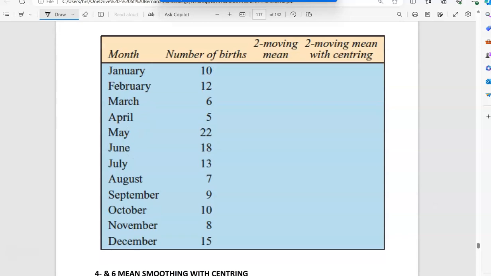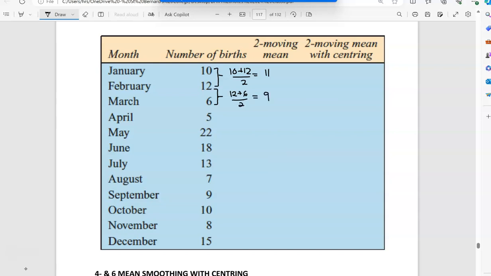We've got a table of a whole set of data. Just to show you, let's go through it. If I was smoothing this data for two mean, I'd add the 10 and the 12. So 10 plus 12, divided by 2, I get 11. Then you do the next two, which is 12 plus 6, divided by 2, equals 9.